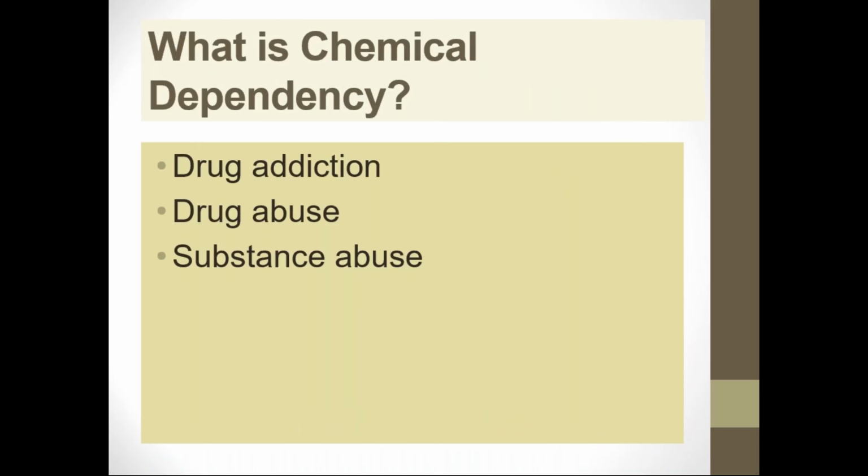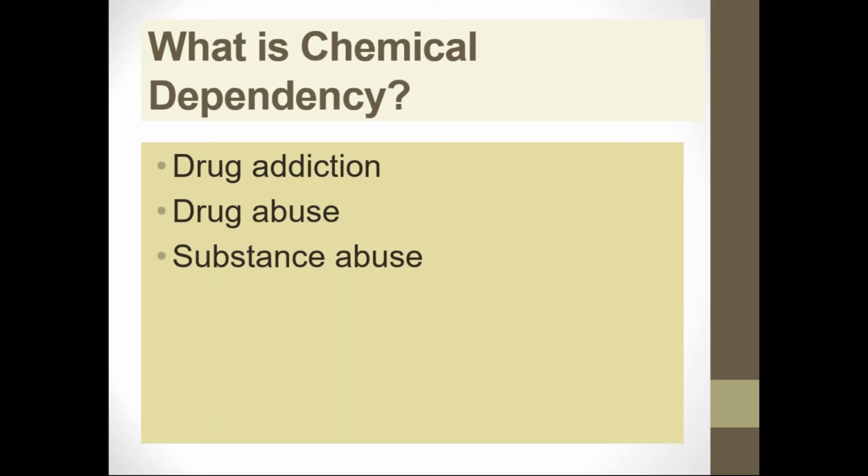So what is chemical dependency? Chemical dependency is what we call also drug addiction, drug abuse, or substance abuse. Nowadays, chemical dependency is a term that is widely used in this setting. For instance, where I live, there's a Kaiser recovery program for chemical dependency, and that's how it's called, chemical dependency recovery program.